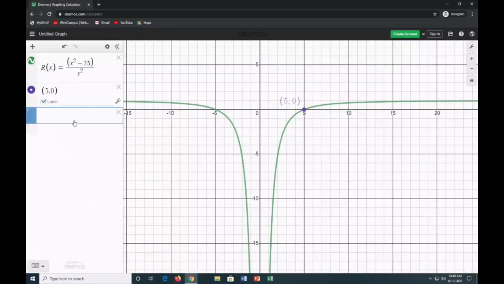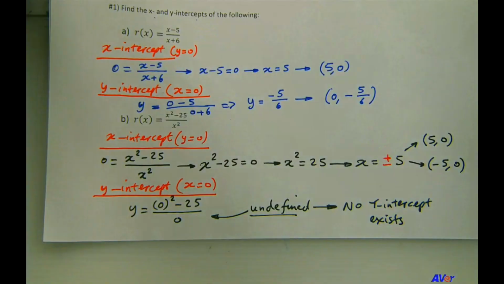And then also let's snap to negative 5 comma 0, and label it like that. Okay? So those are the x-intercepts, and clearly the y-intercept is an asymptote. Okay, so let's go back to the doc camera.